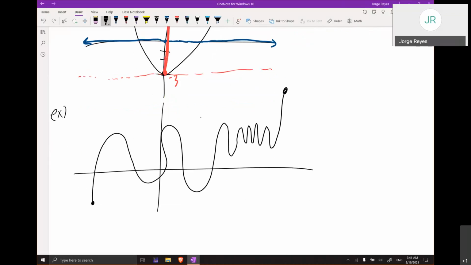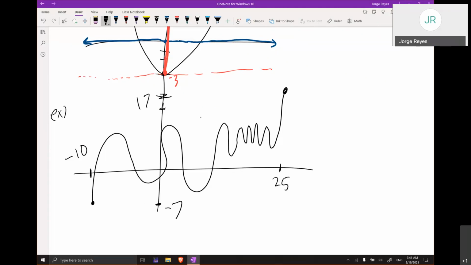So if I call this point, I don't know, 25, and I call this point -10, and down here, -7, and up there, really up there, 17.